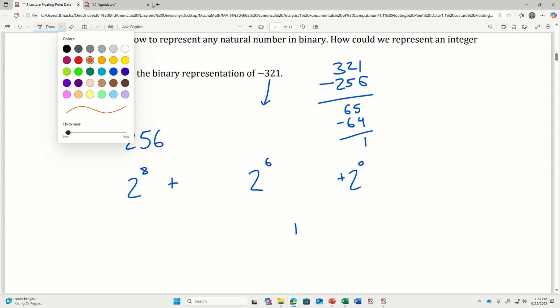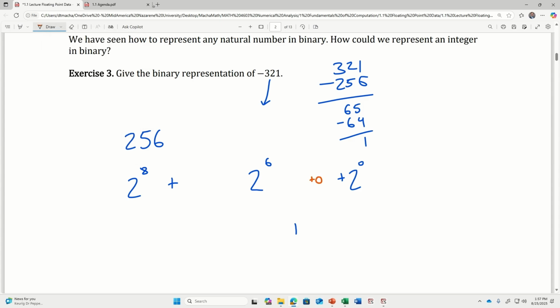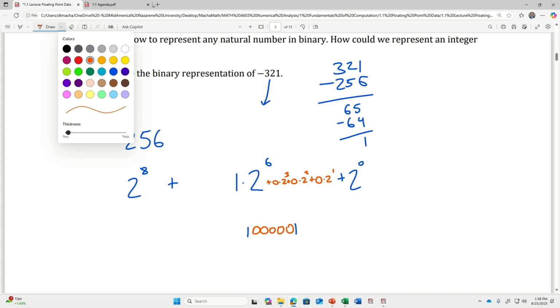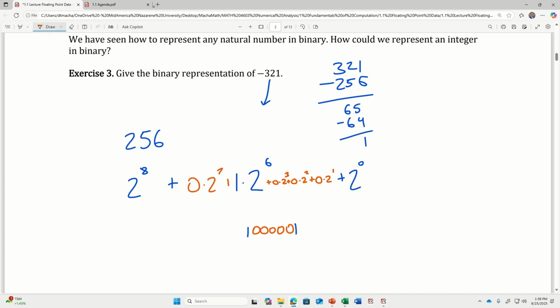And then I also have to include 0 times 2 to the 1 power, 0 times 2 to the 2 power, 0 times 2 to the 3 power, also 0 times 2 to the 4 power, 0 times 2 to the 5 power, 1 times 2 to the 6th power, 0 times 2 to the 7th power, and 1 times 2 to the 8th power.